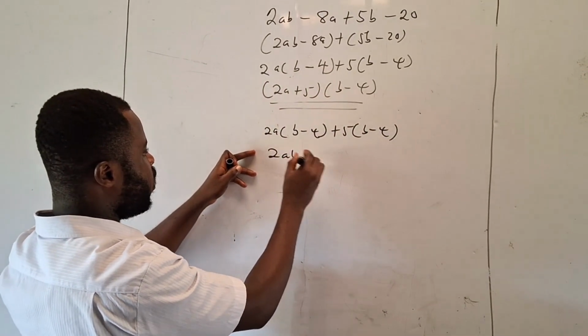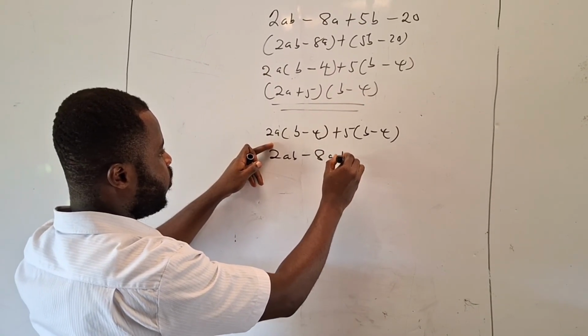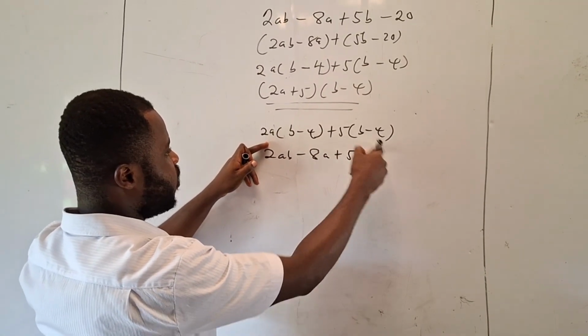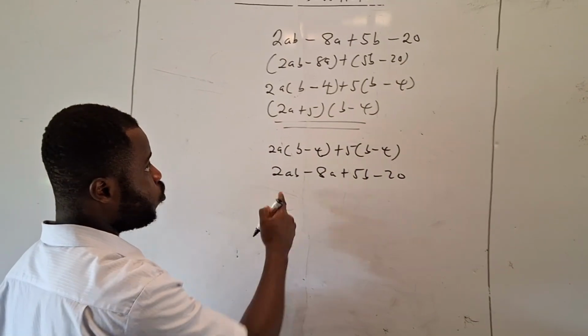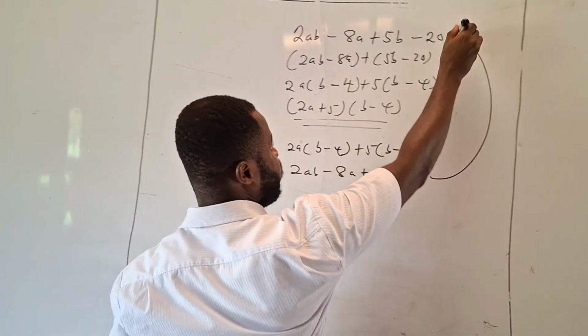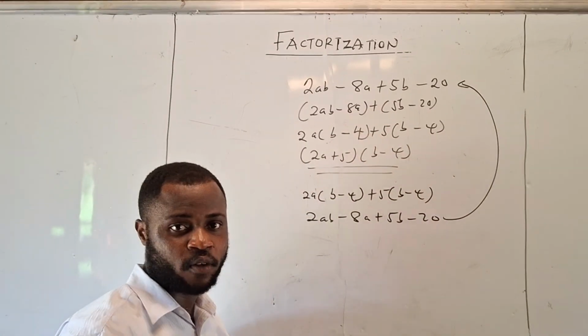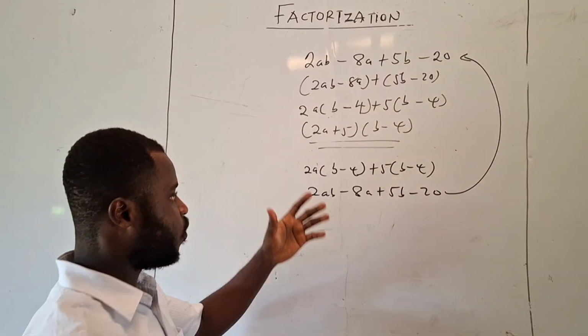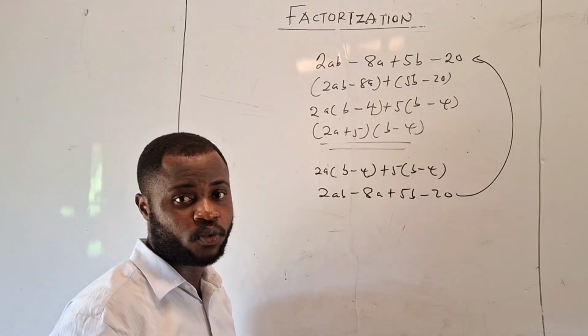This will give us 2ab minus 8a, then plus 5b. This time this will give you minus 20. So when we expand this, you can see that we've gotten back our question. So this is an inverse of binomial expansion. If you've not watched the video on binomial expansion, go and watch it. It's available on my channel.